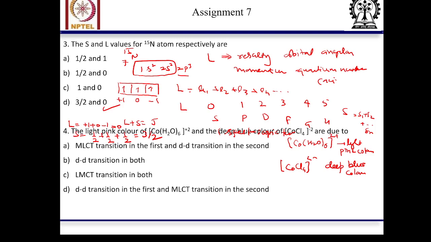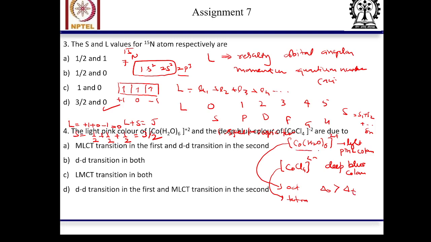Okay, so I will just tell you. This is an octahedral complex. This is a tetrahedral complex, right? So delta octahedral will be greater than delta tetrahedral. That is the first concept here.